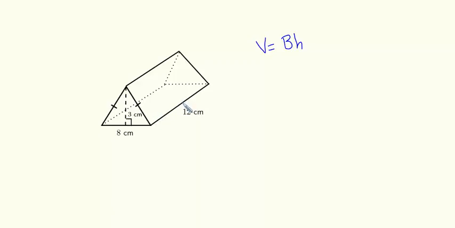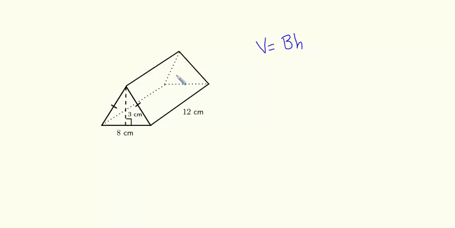But it's not. What makes it a triangular prism is that you have two congruent and parallel sides that are triangles. So the bases of this figure are the sides that are congruent and parallel to each other.